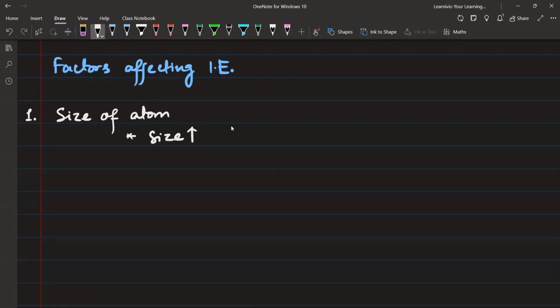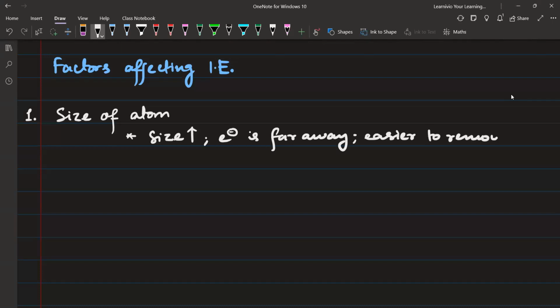It will be easier to remove an electron. The size is higher, the electron is far away, so it is easier to remove. So we can say that ionization energy is inversely proportional to size. Size increases, ionization enthalpy decreases.